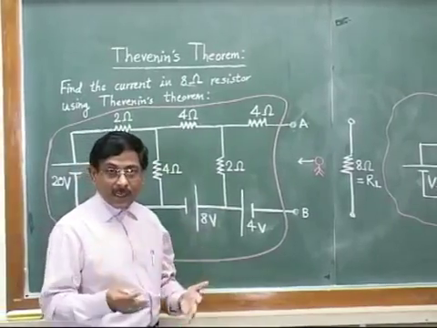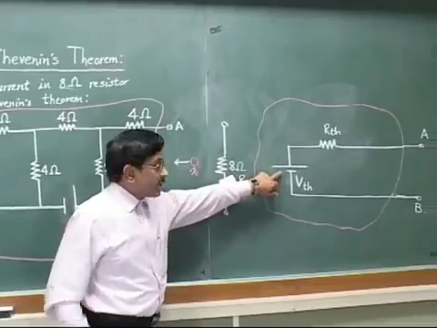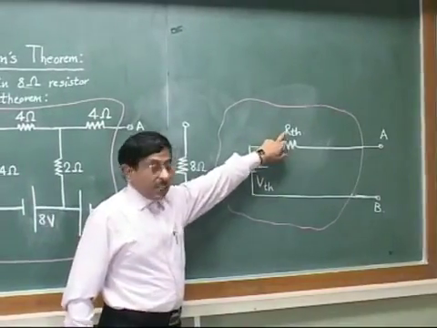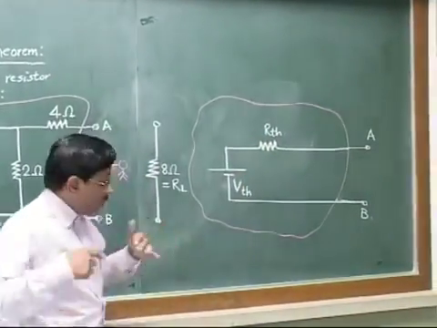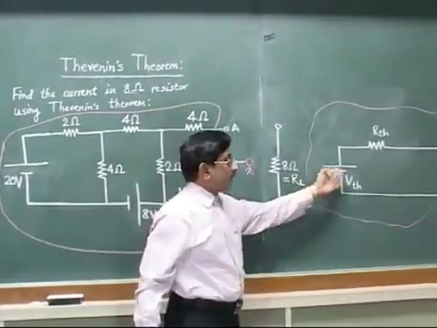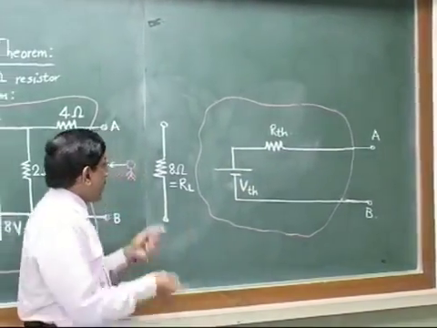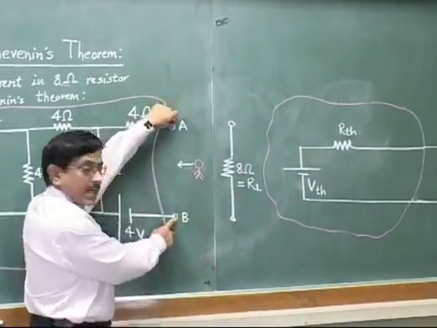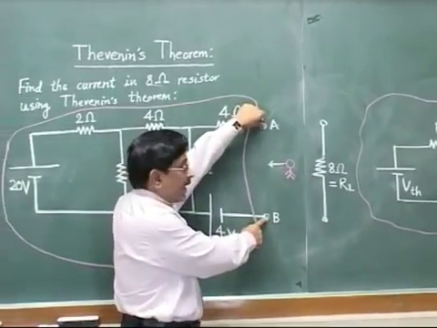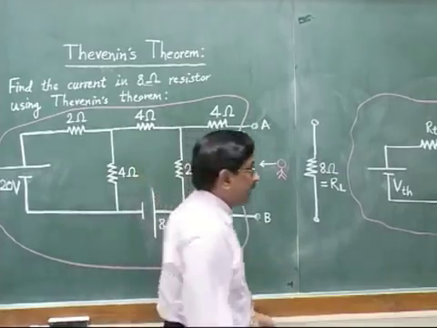So the central idea of Thevenin's theorem is that you should operate on this circuit in such a manner that you finally decide what is VTH, single value, and what is RTH. And once we do that, we can replace this entire circuit in the box with the equivalent values. And once we do this, the next step is very simple. Whatever we had removed from points A and B, we reconnect in the circuit.